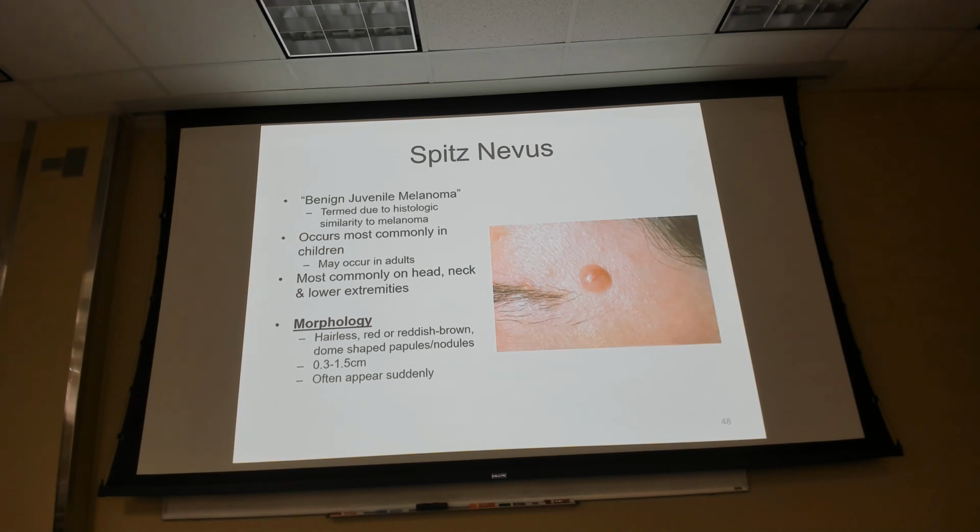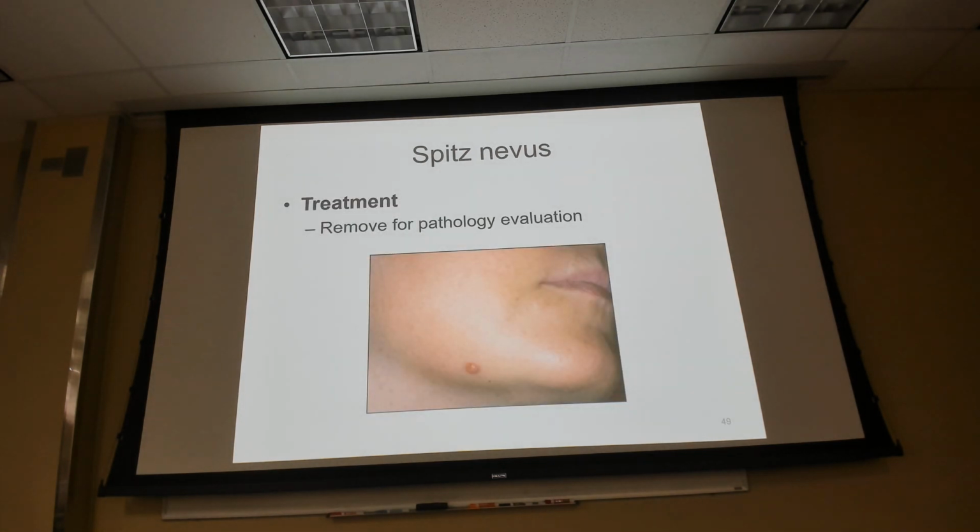So it's not like it was there, it just jumps out, and here we go, off we fly. Remove it just so that we can see the pathology. Okay, so we're going to lab that one. So that's the Spitz.